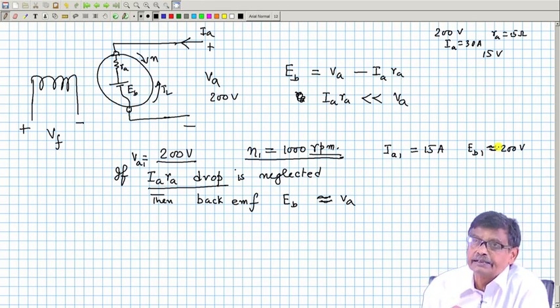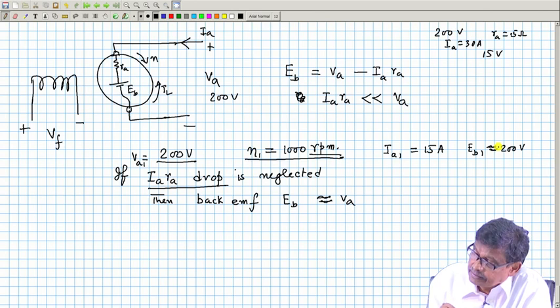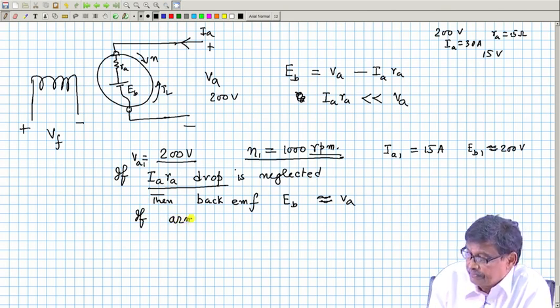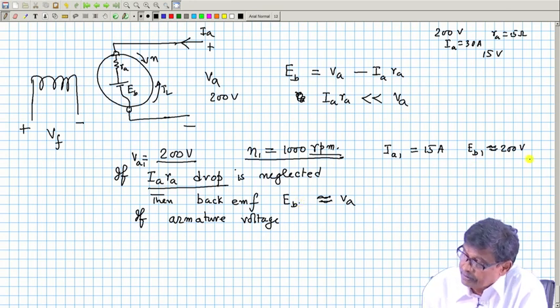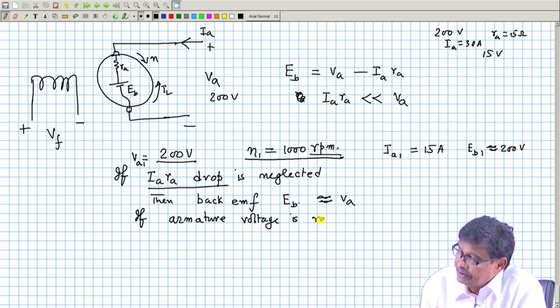Now, suppose I say that the armature voltage is reduced by half.